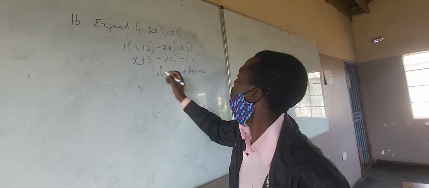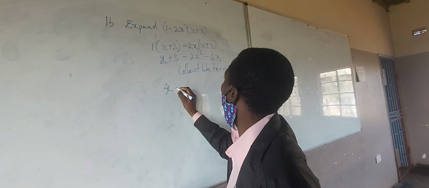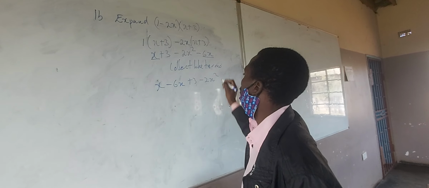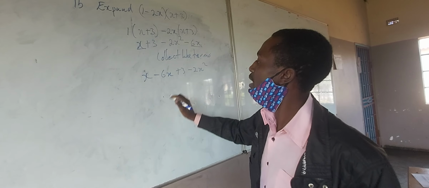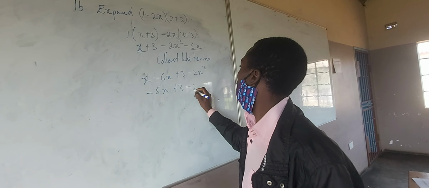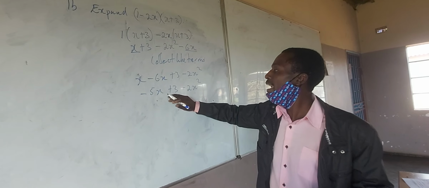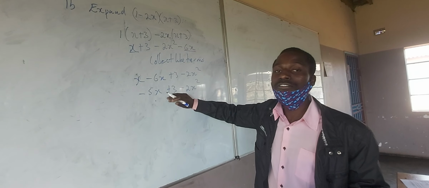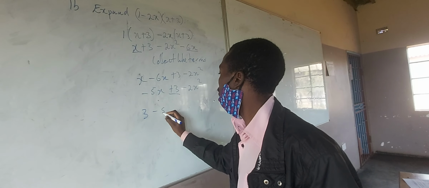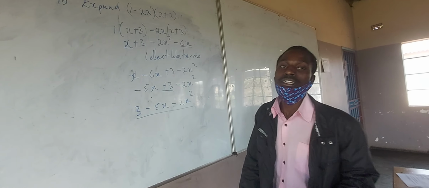We've got x and negative 6x there, so we collect them: x minus 6x plus 3 minus 2x squared. x minus 6x gives negative 5x, plus 3 minus 2x squared. Now we have to respect a term which has got a positive value, which is 3. So we can say 3 minus 5x minus 2x squared, which is our solution.